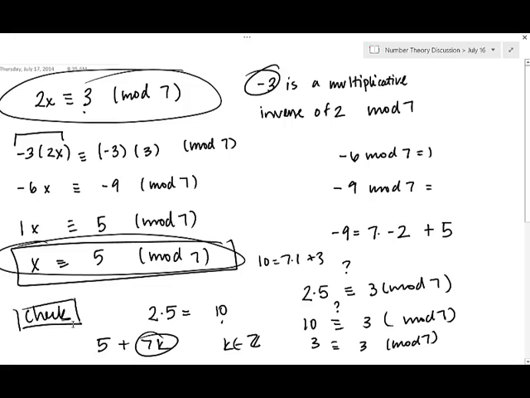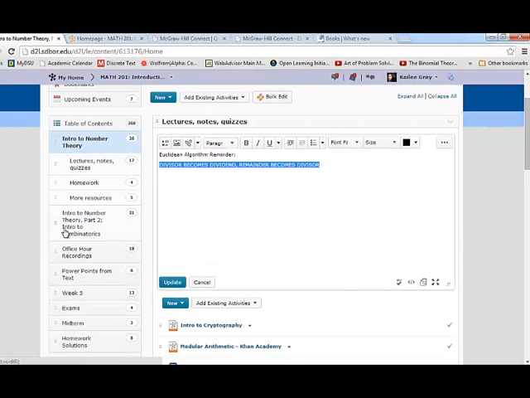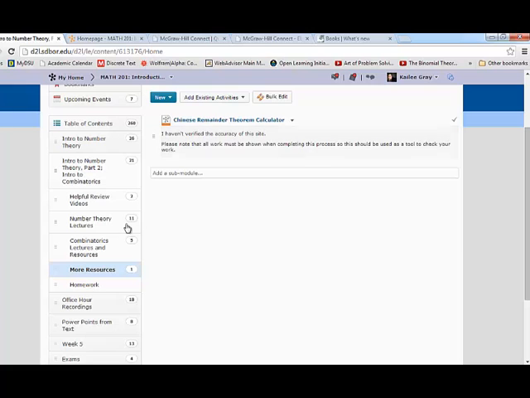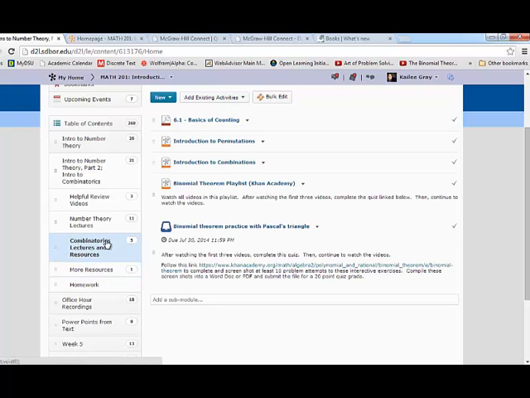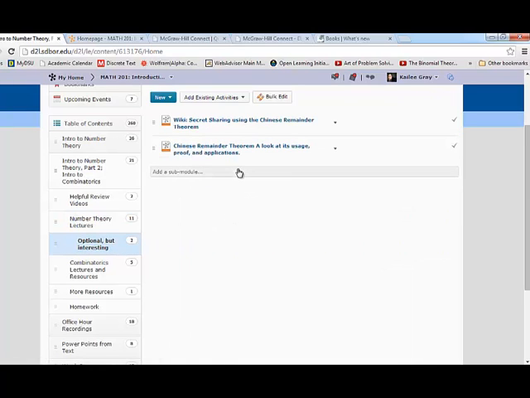I did post some interesting applications of this number theory material, I think in the optional but interesting section. There are some interesting applications, especially in cryptography, of these modular congruences and understanding how they work.